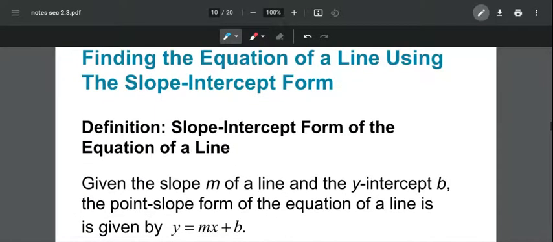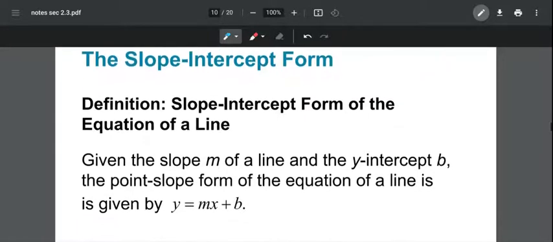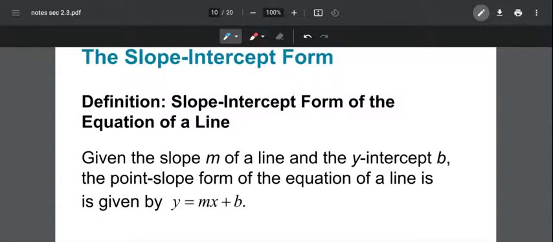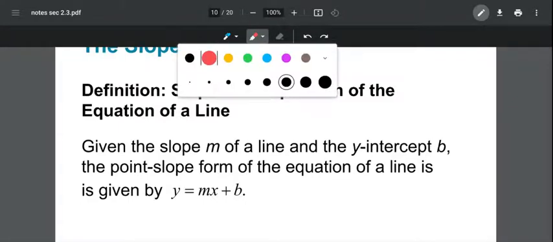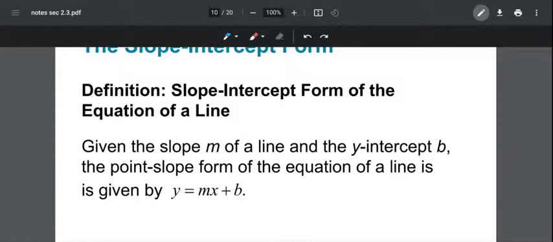Next, a different way of writing the equation of a straight line is the slope-intercept form. Slope-intercept form is y equals mx plus b. So y equals mx plus b.